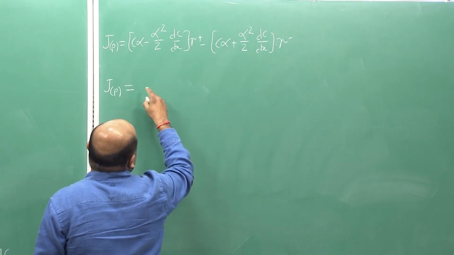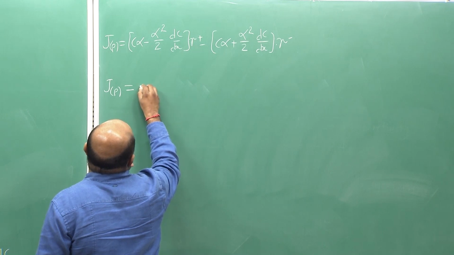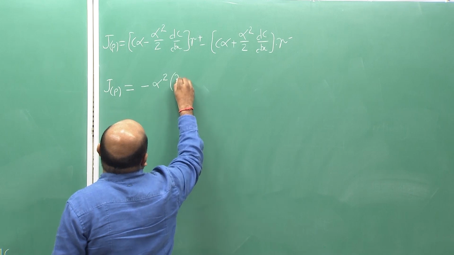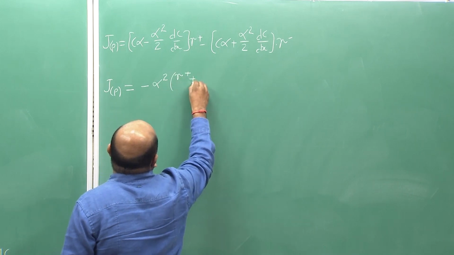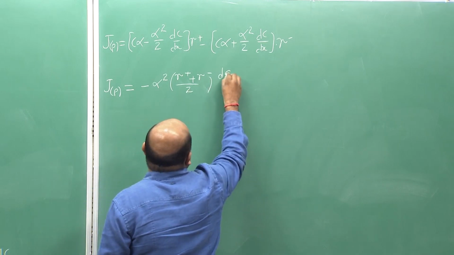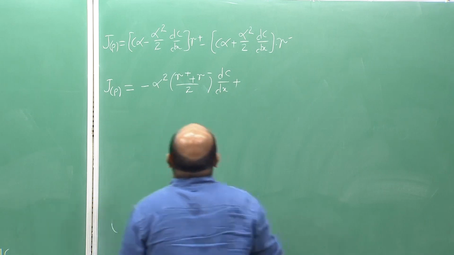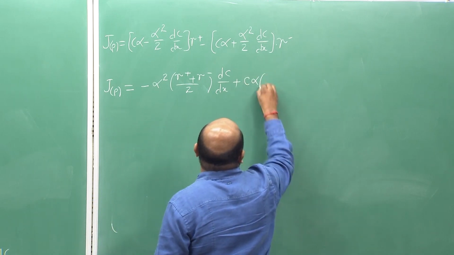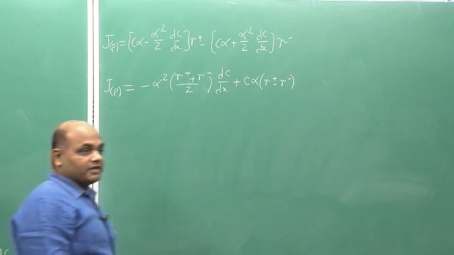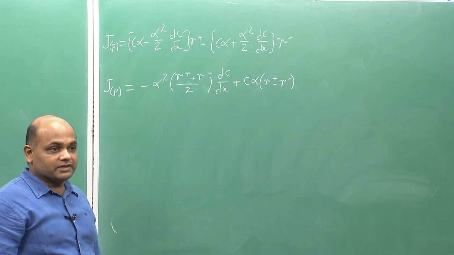And if we rearrange, you can take the dC by dx term on one side. So, we get minus alpha square into gamma plus plus gamma minus by 2 dC by dx plus C alpha into gamma plus minus gamma minus. So, what do we get?